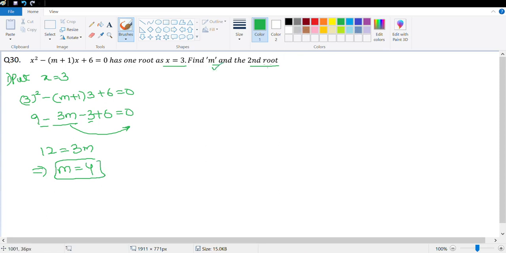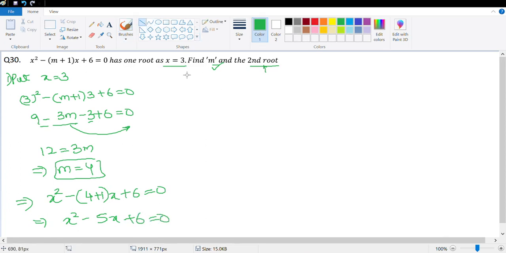Next, they want us to calculate the second root, which means let's figure out what the quadratic equation is, which means equation is x square minus m, which is 4 plus 1x plus 6 is equal to 0, which means x square minus 5x plus 6 is equal to 0. So that's our quadratic equation. Now we need to solve this. We need to find factors of 6, the sum of which is negative 5. That's negative 2 and negative 3. Perfect. So this is very simple one.